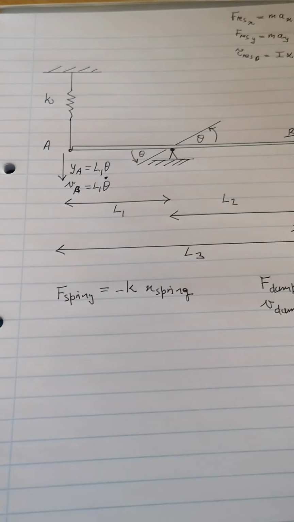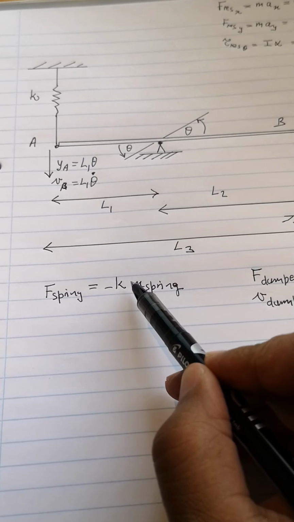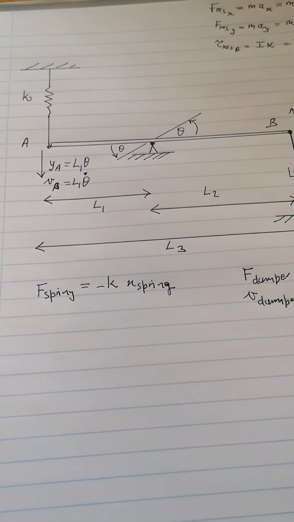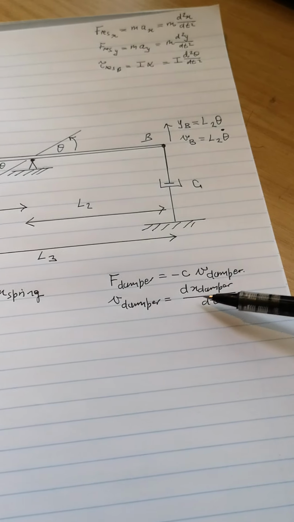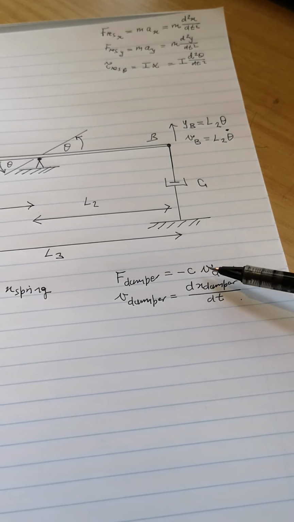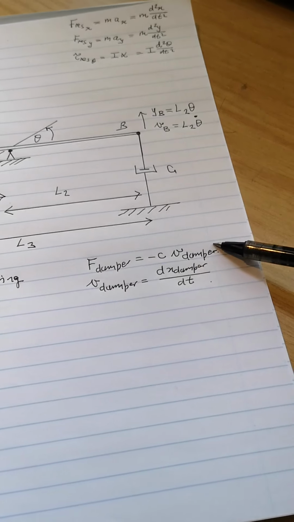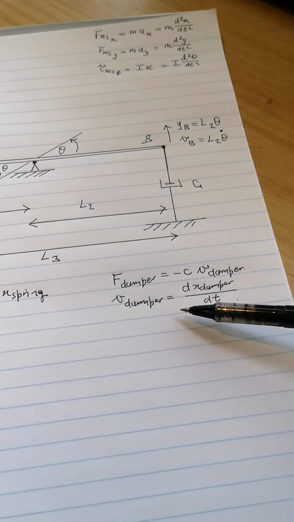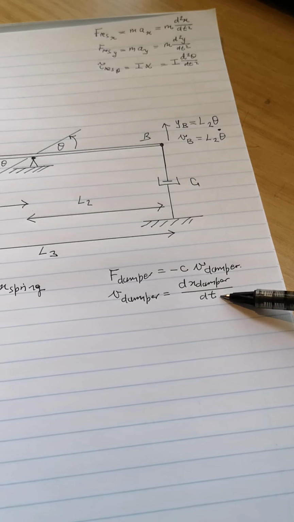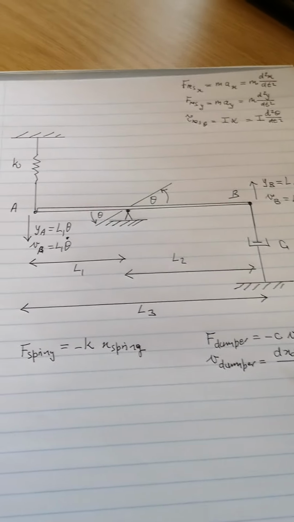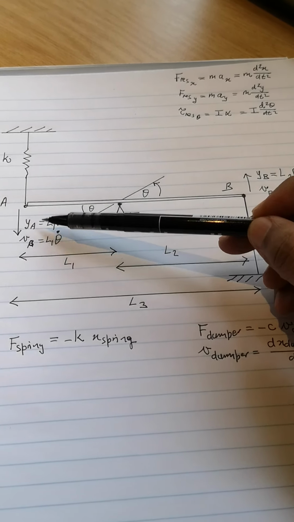So the spring force is minus a constant, that's your spring constant, times the distance in which the spring is stretched. And then the damping force is minus a constant c, this is your damping constant, times the velocity of the damper, where the velocity of the damper is just the time derivative of the displacement of the damper.